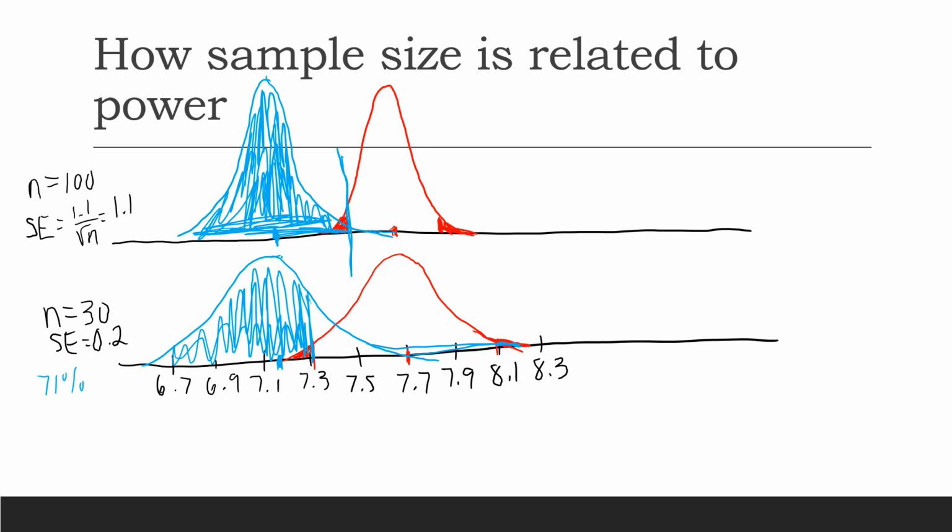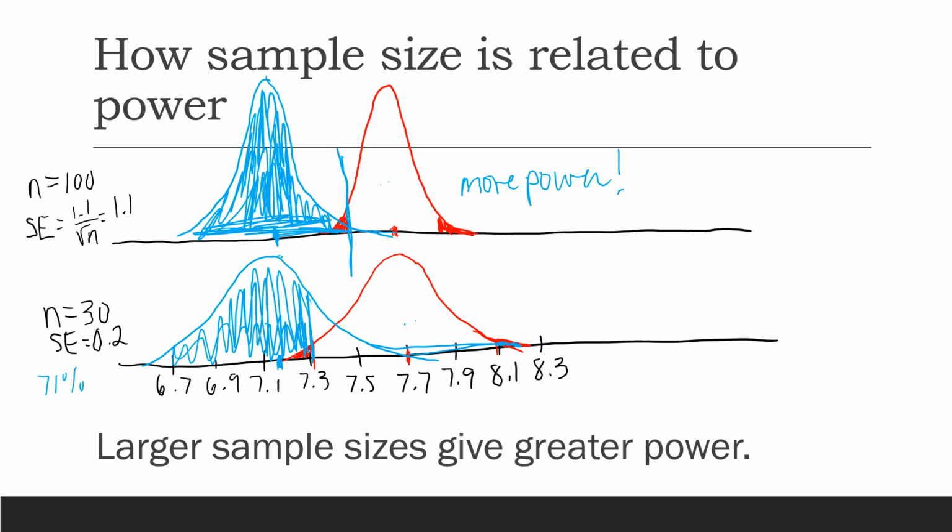And so my power is going to be much larger. And this happens because with a small sample size, there's a lot of overlap between the null and alternative distributions. With a larger sample size, my standard error gets smaller and there's less overlap. So generally speaking, larger sample sizes will give you greater power.